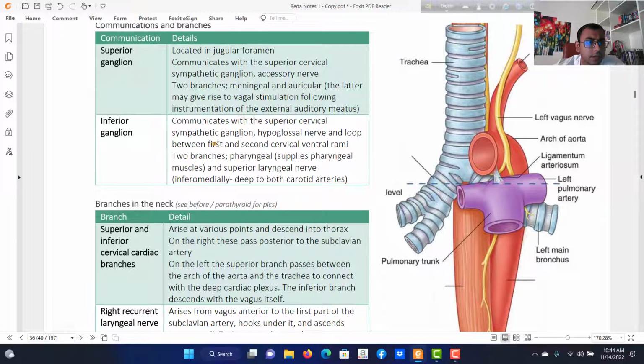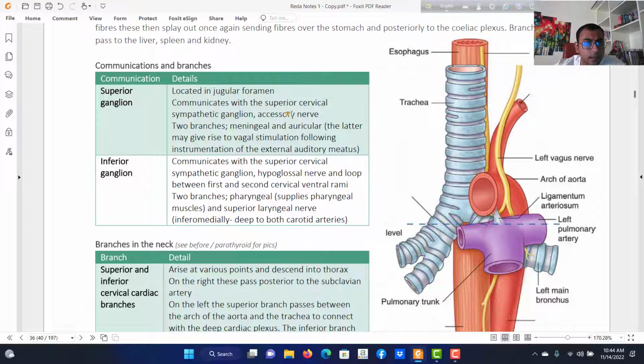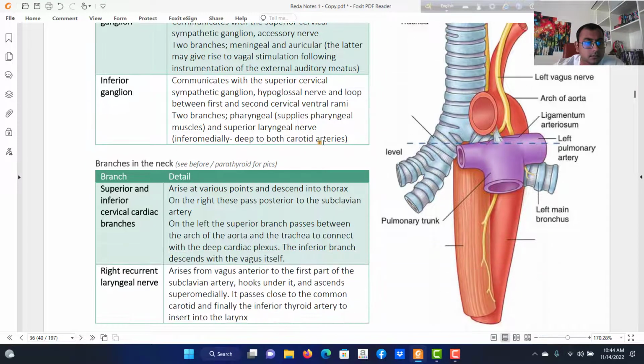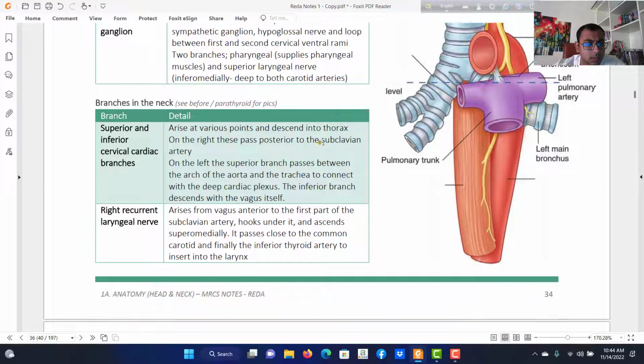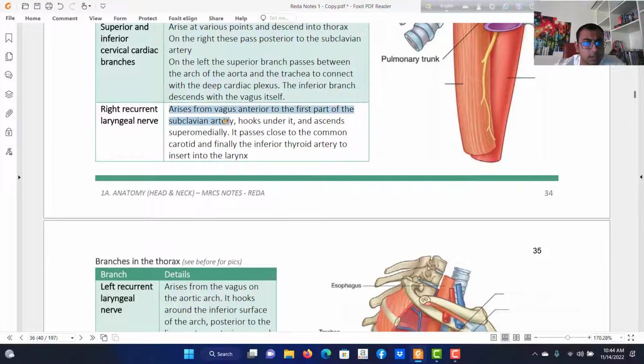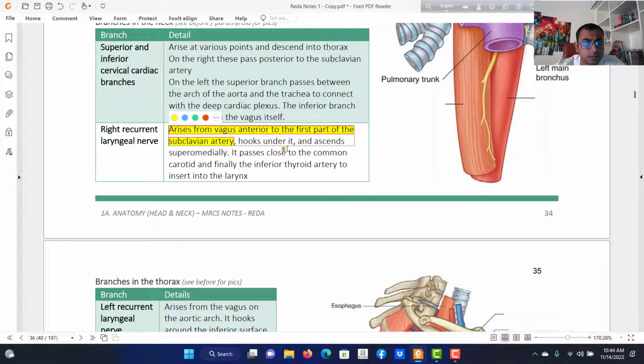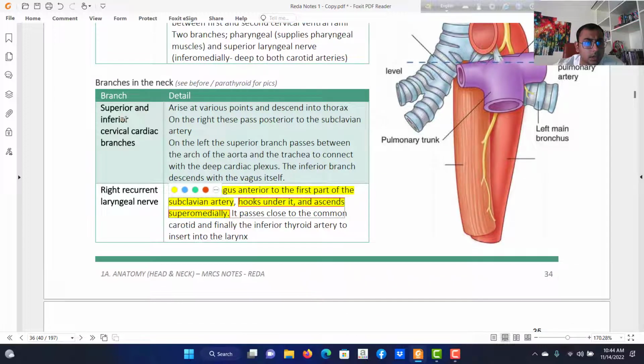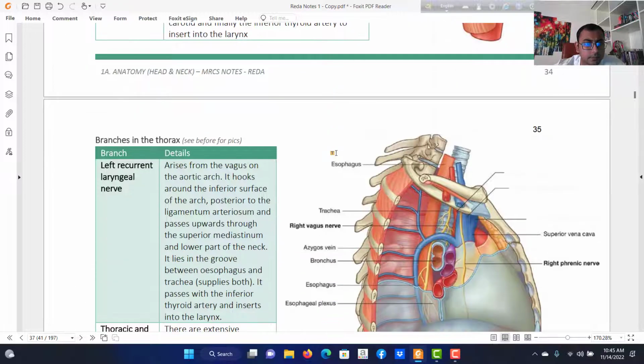Now the superior and inferior ganglion, not so necessary here. It arises anterior to the first part of the subclavian, hooks under it and ascends superomedially. Superior and inferior cervical cardiac branches arise from various points. In the thorax on the right side, these pass posterior to the artery and connect to the deep cardiac plexus.